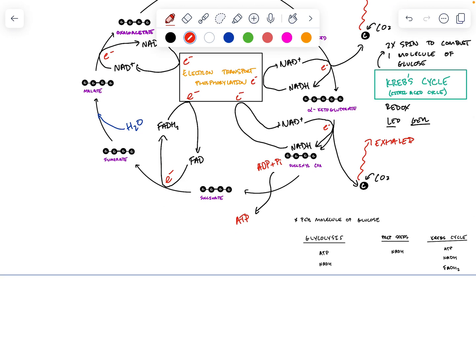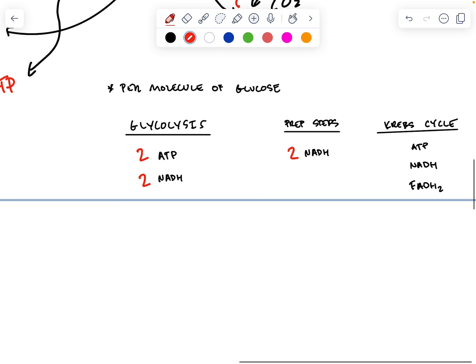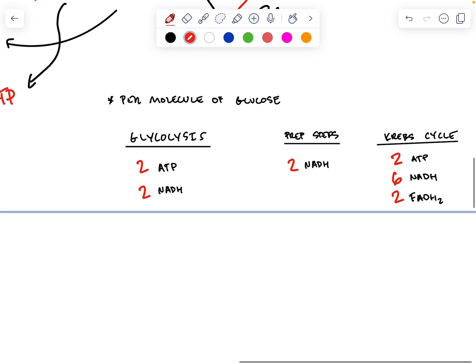Okay, so let's do some overall accounting. We know that in glycolysis, on net, we make 2 molecules of ATP and 2 molecules of NADH. In the prep steps, we make 2 NADH, and in the Krebs cycle, because it spins twice, we make 2 molecules of ATP, 6 NADH, and 2 FADH2.